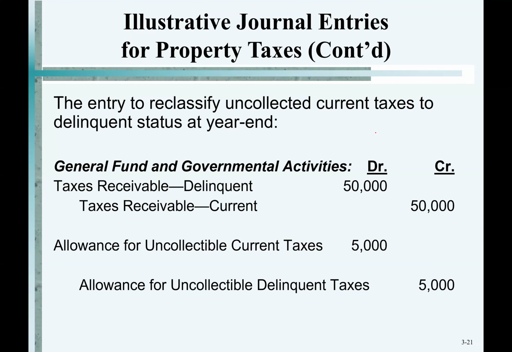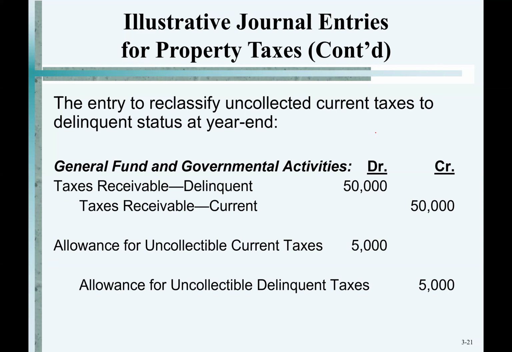They don't pay on time. And so what you see at the top here, and again it's the same for the general fund and government-wide, we will reclass the receivable out of current by crediting the current, that remaining 50,000, and debiting delinquent.